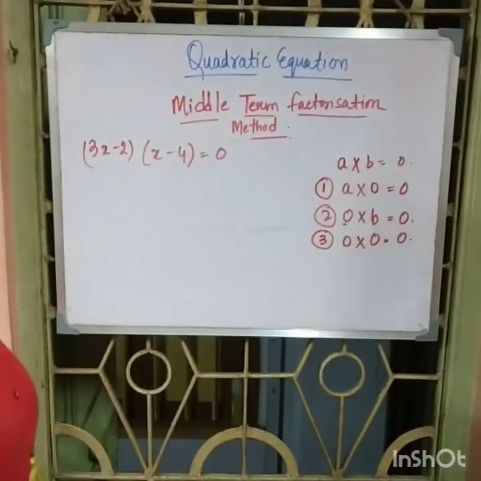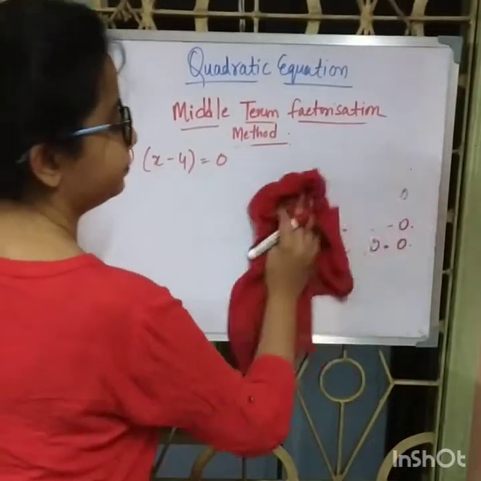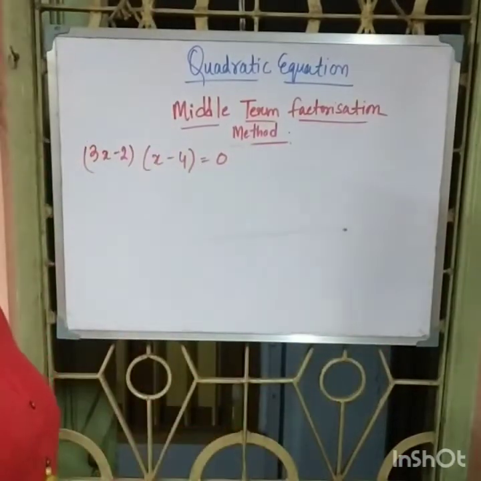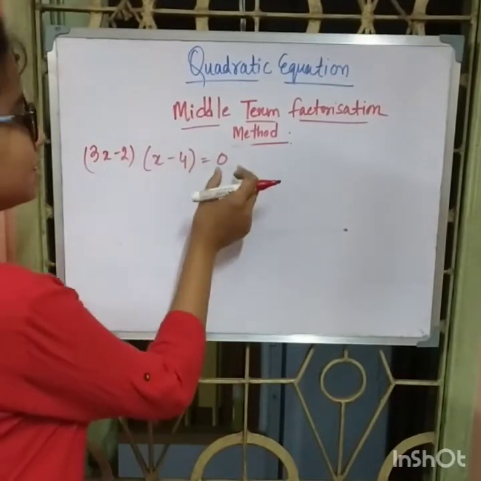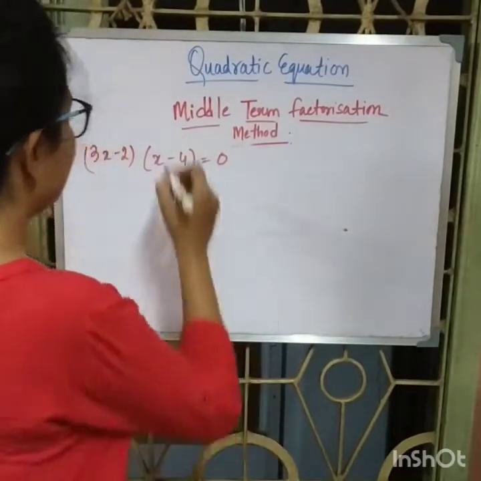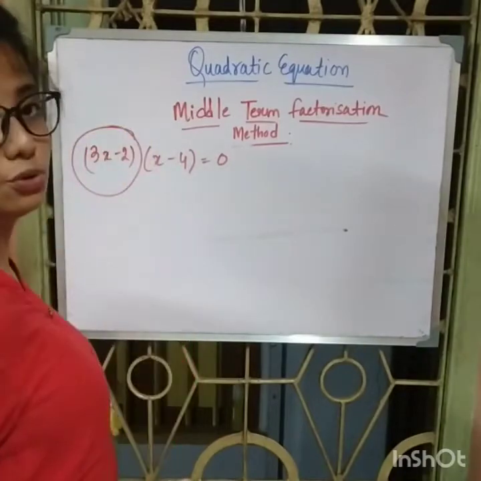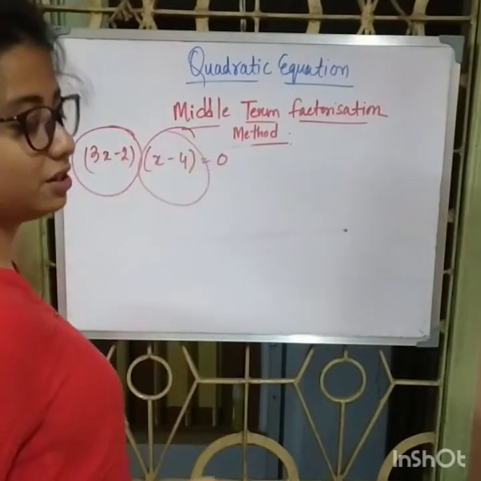Okay. So we can see here also it's the product of two numbers leading to a 0. One number is 3x minus 2, another number is x minus 4.